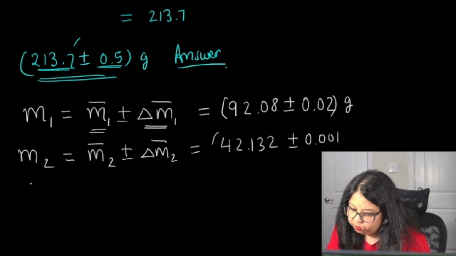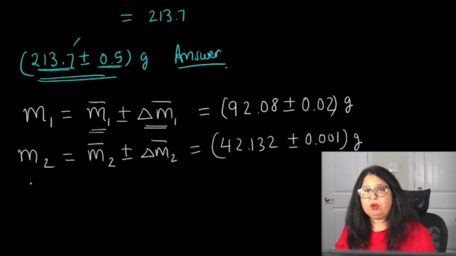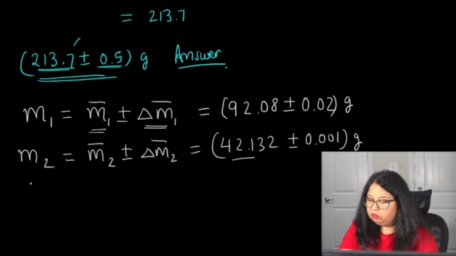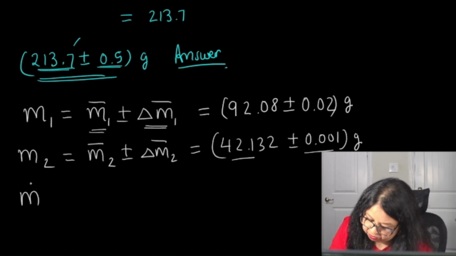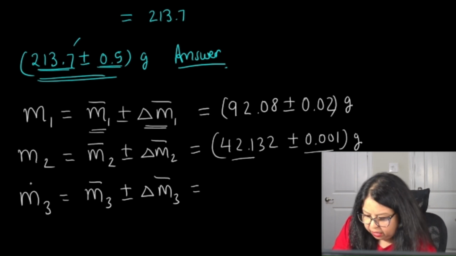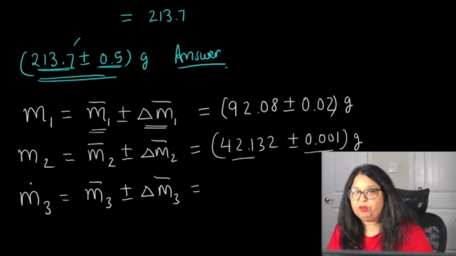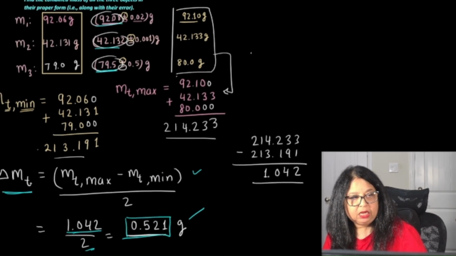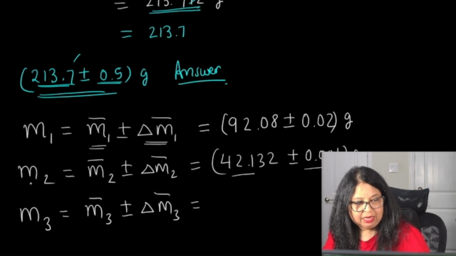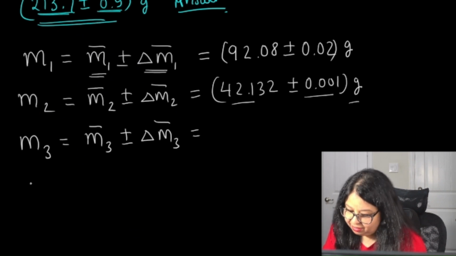Okay, if you want, you can write these parentheses here. Even if we do not write the parentheses, it is understood that the grams really go with both of these numbers here. All right, M3, the last one, equals M3 bar plus minus delta M3 bar. And I believe it was 79.5 plus minus 0.5. What do you think? Yes, I was right. It feels so good to be right, doesn't it?